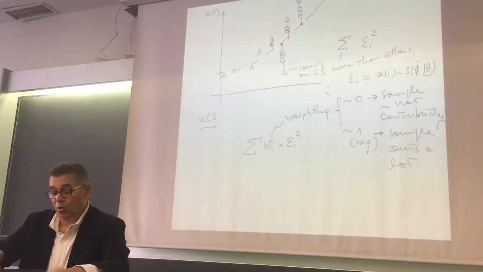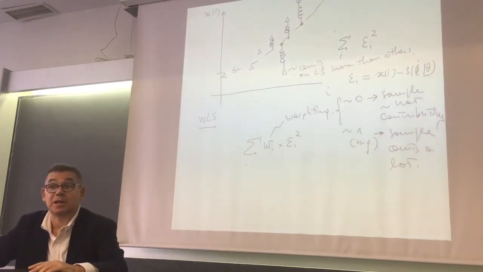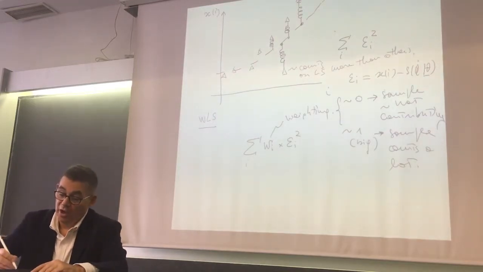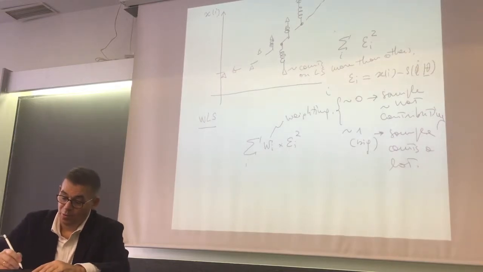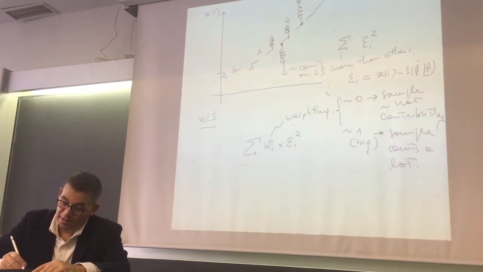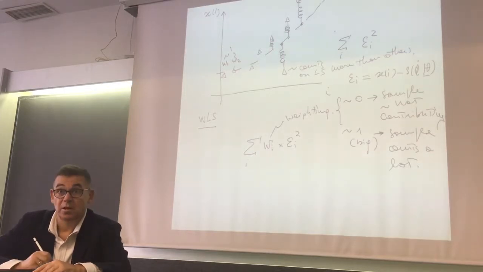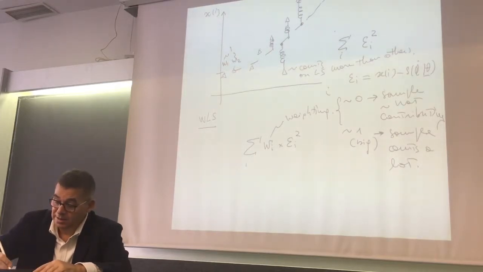So how would I design the weights in this case? I would make the weights here, W1, W2, close to 1, and the weight Wi here I would make close to 0.